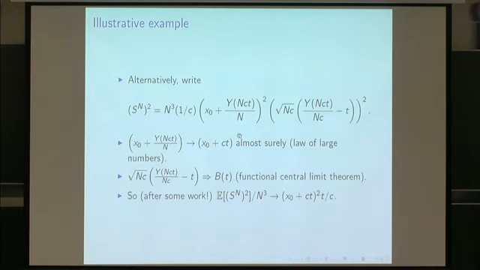So now you have the product. After some work, you can show that product will converge in expectation, so I divide by n cubed, to this quantity. So it's O(n^3). It's this way of looking at it that helps us to prove it for the general case.